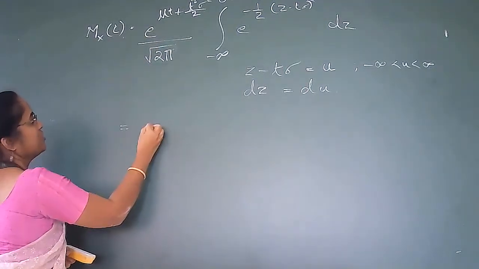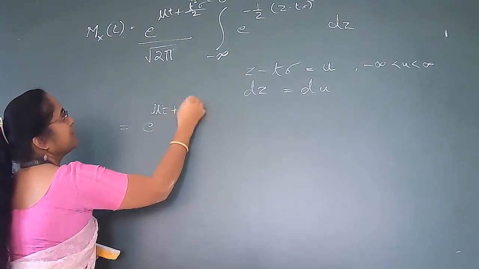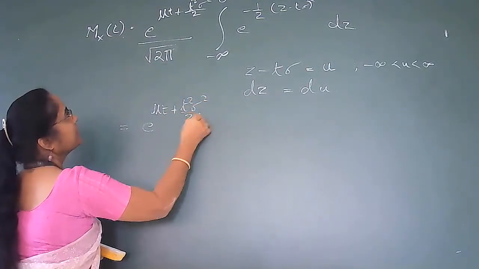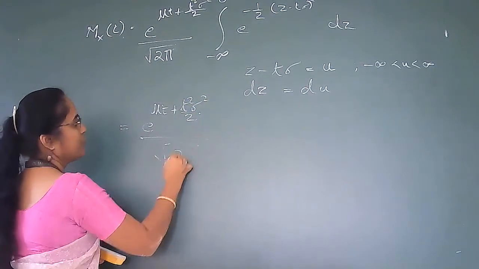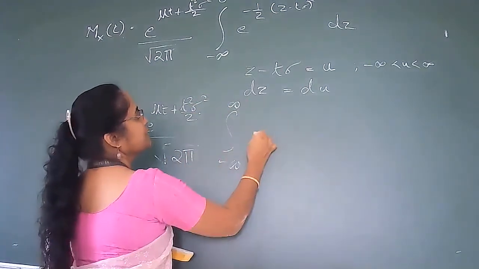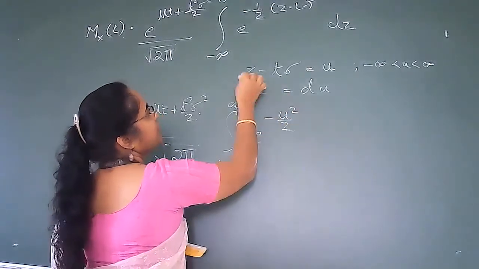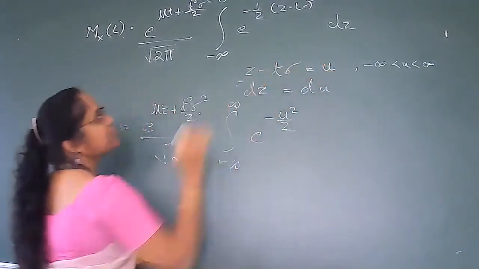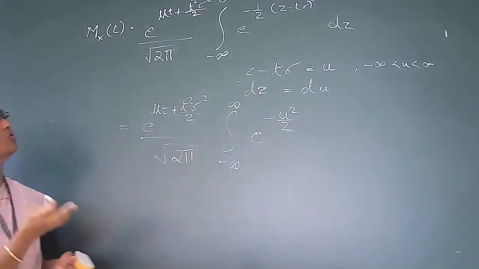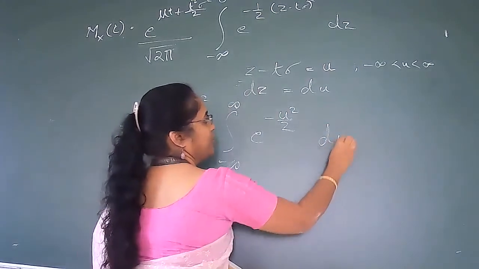I have the constants e raised to mu t plus t square sigma square by 2 upon square root of 2 pi, integration minus infinity to plus infinity, e raised to minus u square upon 2, right? Because this term I've called u. So z minus t sigma whole square is going to be u square, and du.